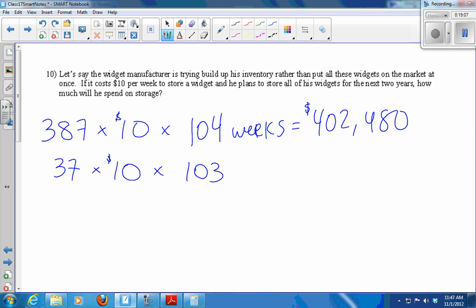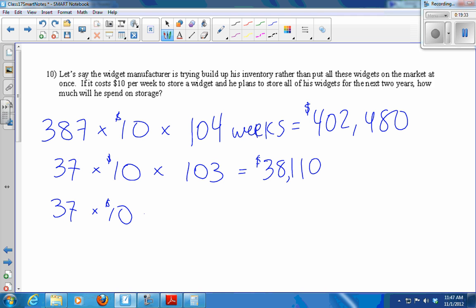Because it took a week to produce them, so they didn't need to be in storage for that week. So that is going to come out to $38,110.